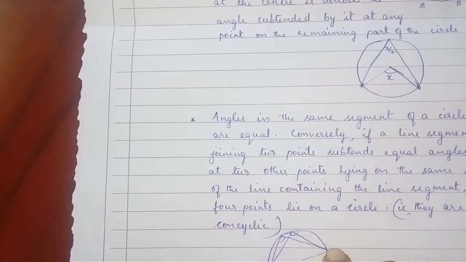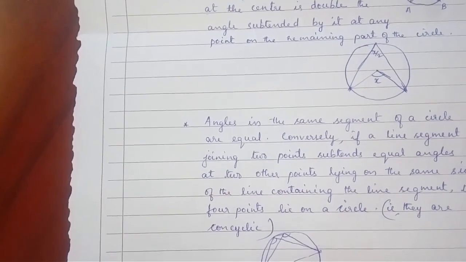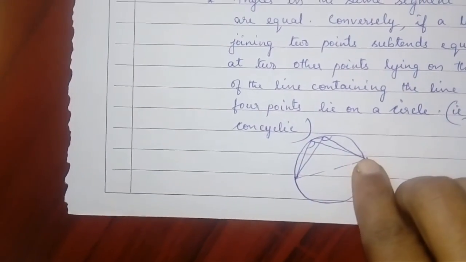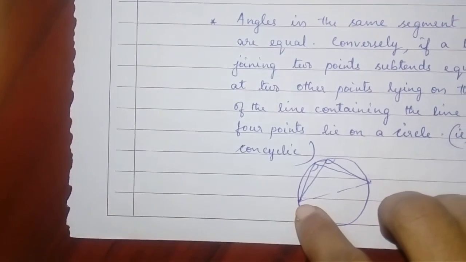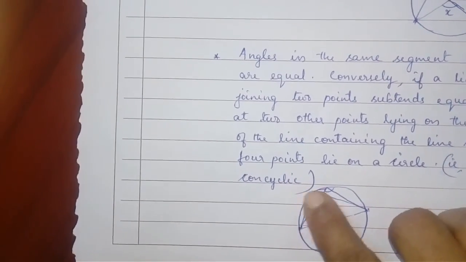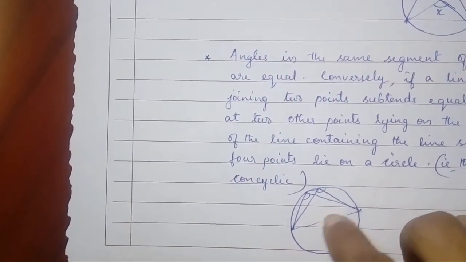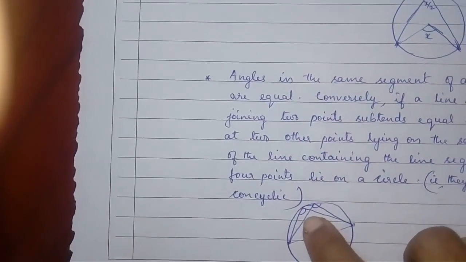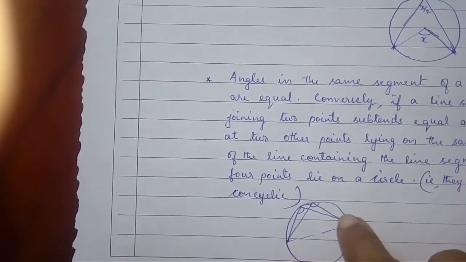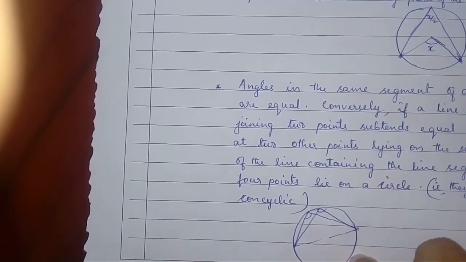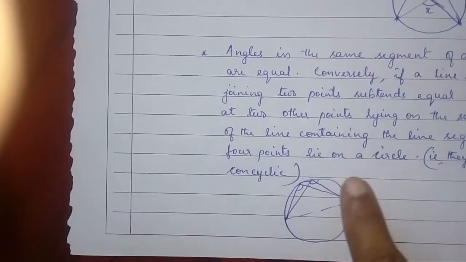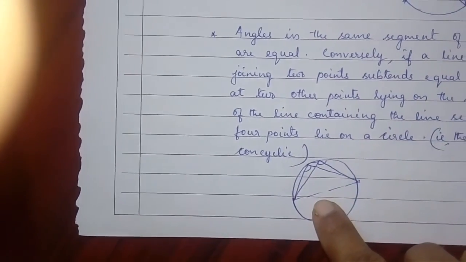So this line segment joins 2 points on the circle, and we can see that this line segment makes two angles, or we can say this arc makes two angles on the other part of the circle, on the same side of the line segment. Then these 4 points, the vertices of the angles and these two endpoints, are lying on the circle, which means they are concyclic. The term is they are concyclic.